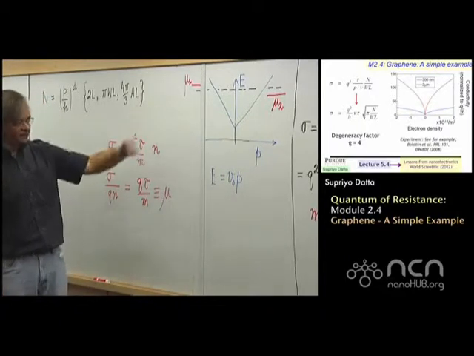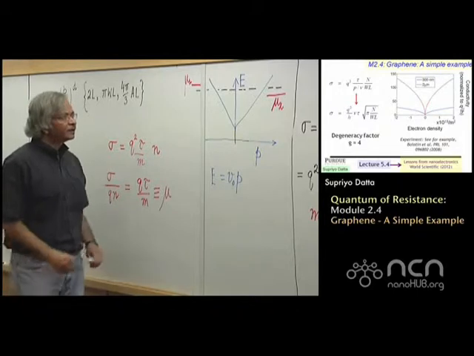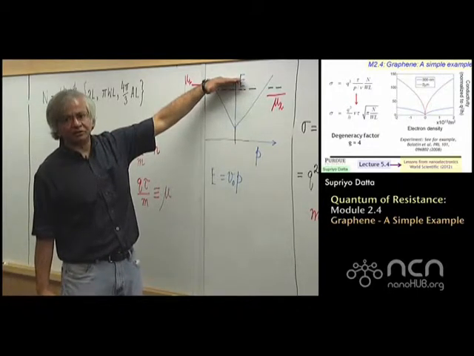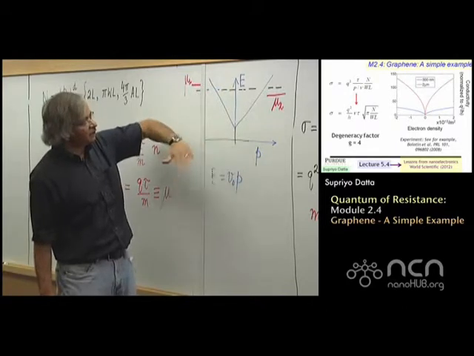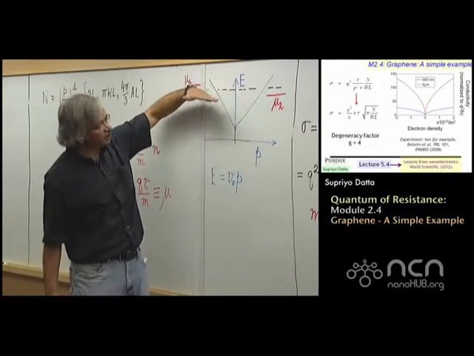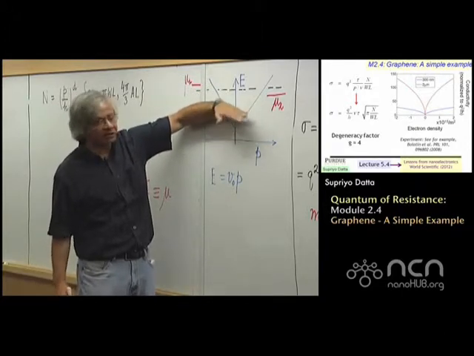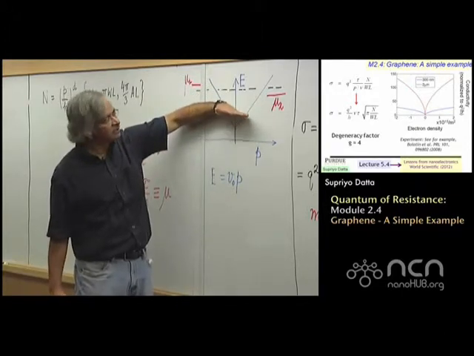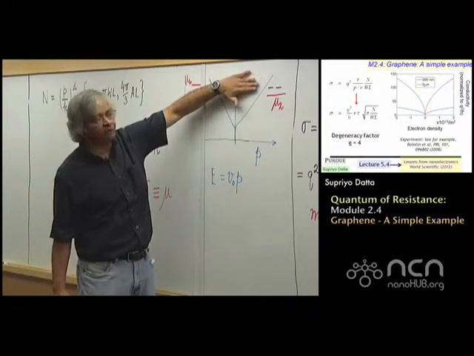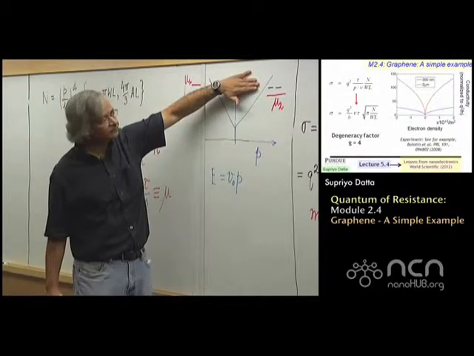In graphene especially, as we'll see, the mass keeps increasing as you go up in energy. What that means is that if you did an experiment where you gradually change this electrochemical potential, so at first you are here and you have a certain number of electrons, and you keep raising it, you have more and more electrons.